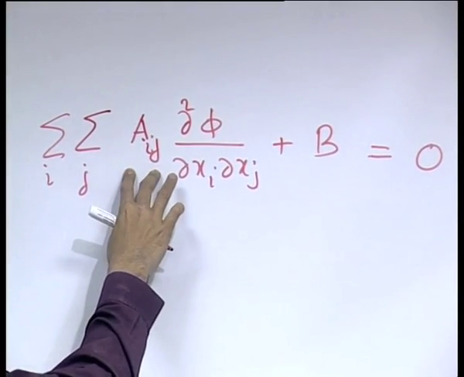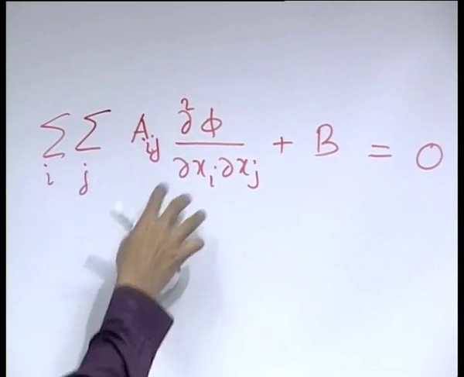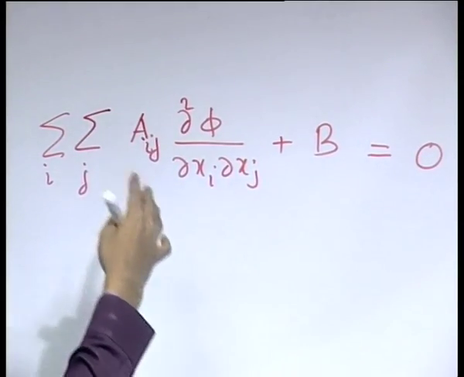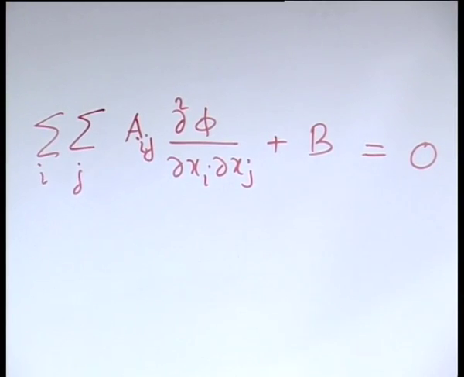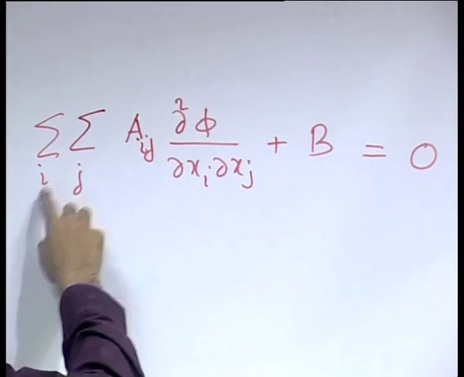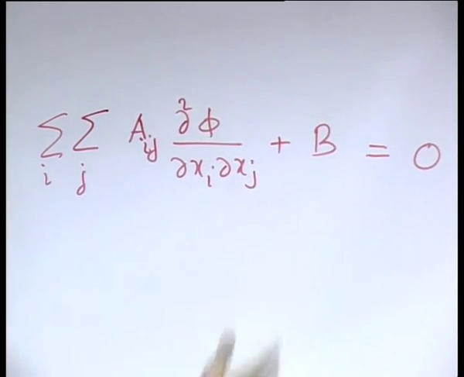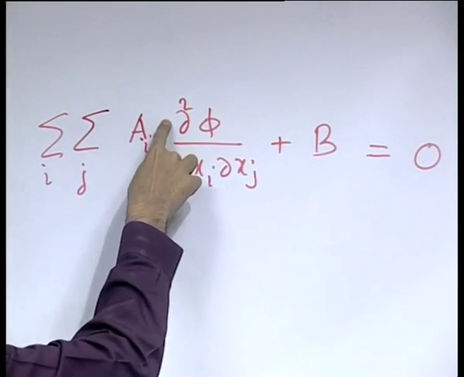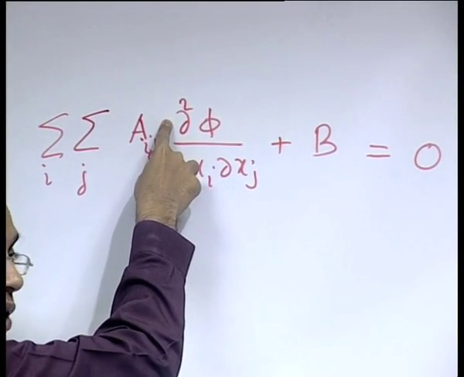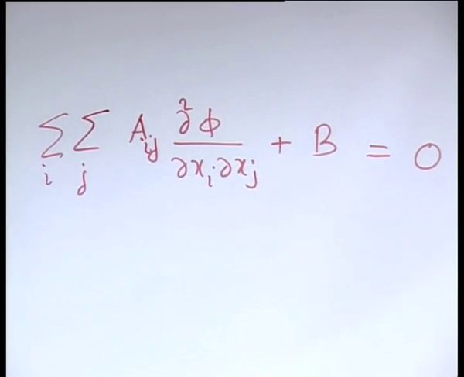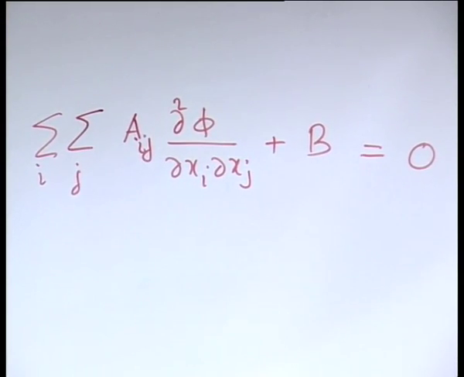So this is a more general example than the special cases that we have considered with two variables. Depending on the values of i and j you can have many variables, but still the highest order derivative is the second order partial derivative, so this is still a second order partial differential equation.